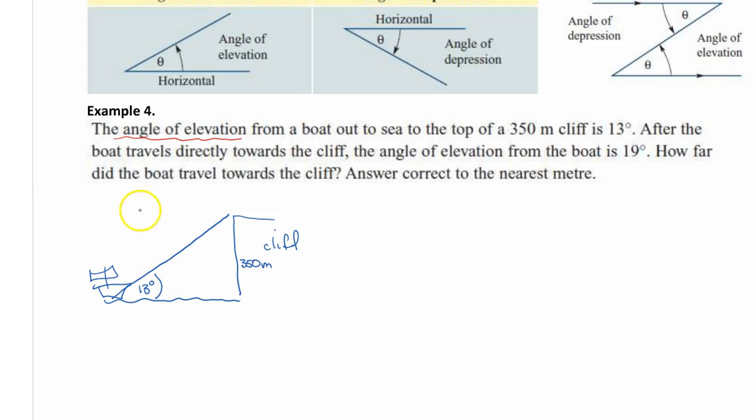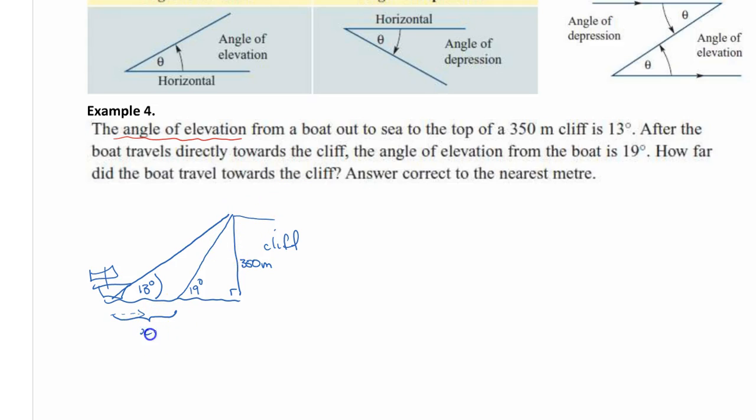After the boat travels directly towards the cliff, the angle of elevation from the boat is now 19. So let's say we're coming in, and then we get a second triangle. And this is now 19 degrees. The height of the cliff doesn't change. But it says, how far did the boat travel towards the cliff?